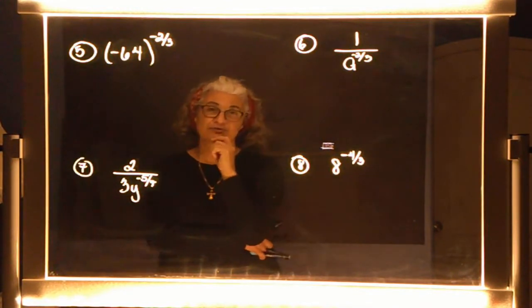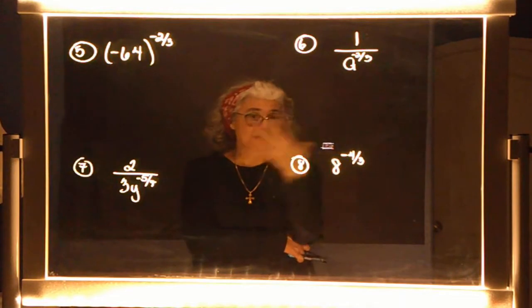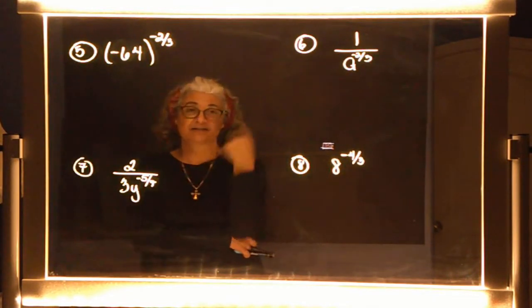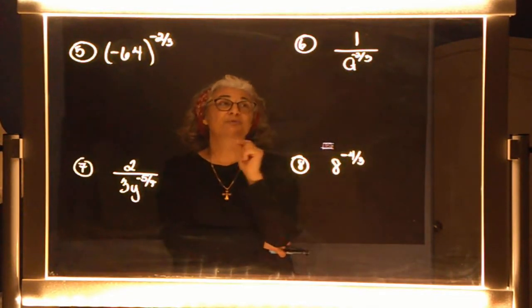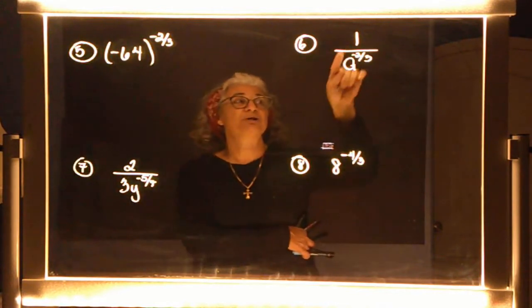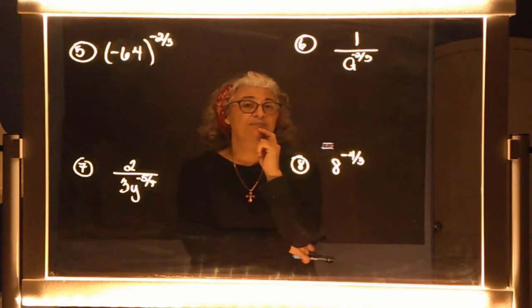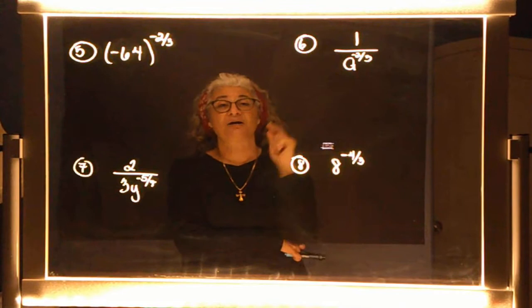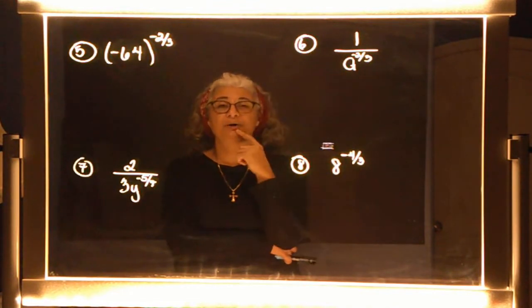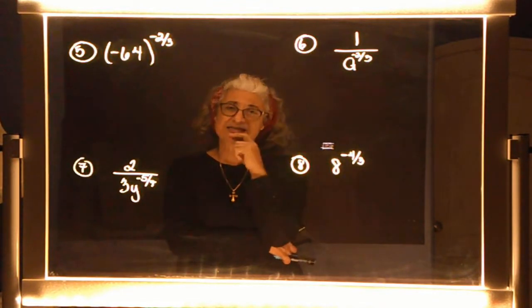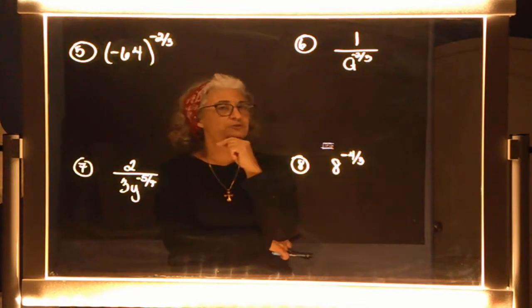Let me look at 6 for a second, because this one is visually more obvious, right? It's just visually more obvious on number 6. Do you notice I have 1 over a to the negative 2/3? The a is on the bottom, right? The a is my base and it's on the bottom. But do you notice the power is negative? Okay, so here's what that tells me.